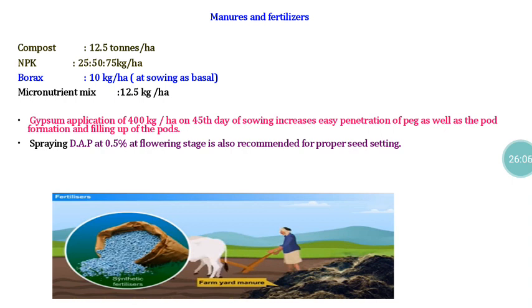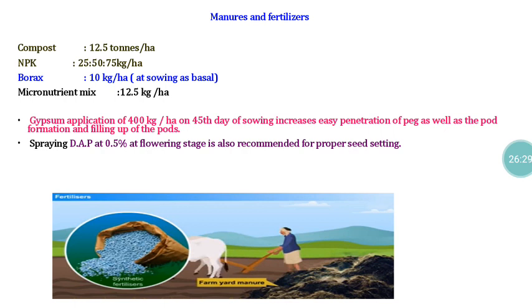And gypsum application is very important as far as groundnut is concerned. For almost all the oilseed crops, the crop should be supplied with an adequate amount of sulfur. So sulfur plays a major role. Some sulfur containing amino acids are there, and all those amino acids will strengthen the chemical bonds of the oil and fat.